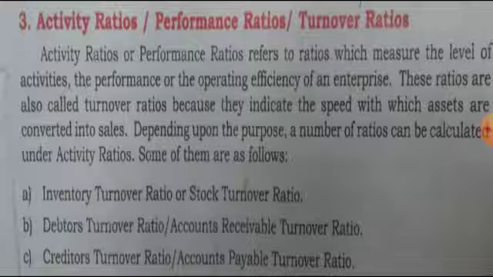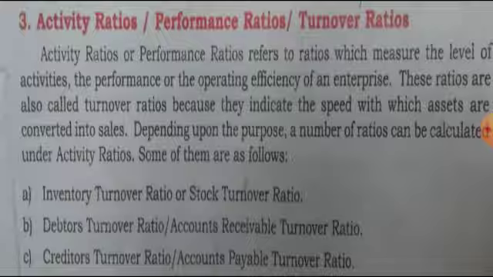So the activity ratios or performance ratios refer to ratios which measure the level of activities, the performance or the operating efficiency of an enterprise. These ratios are also called turnover ratios because they indicate the speed with which the assets are converted into sales. Depending upon the purpose, a number of ratios can be calculated under activity ratios.